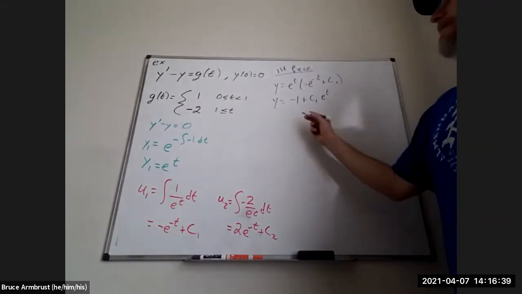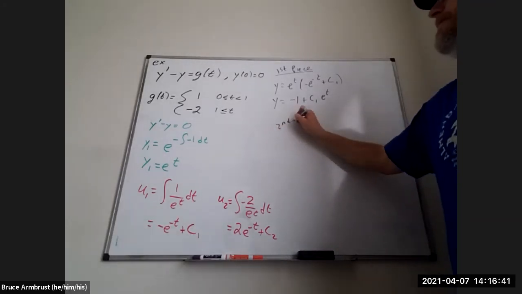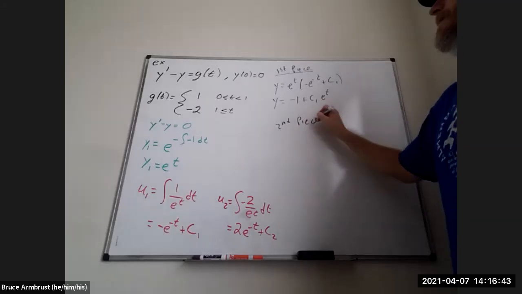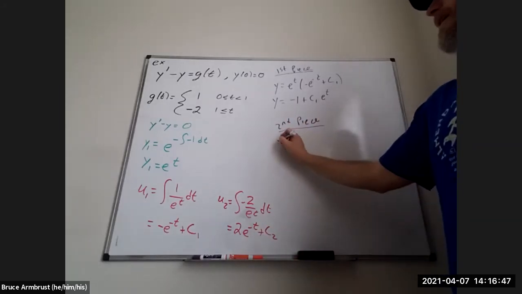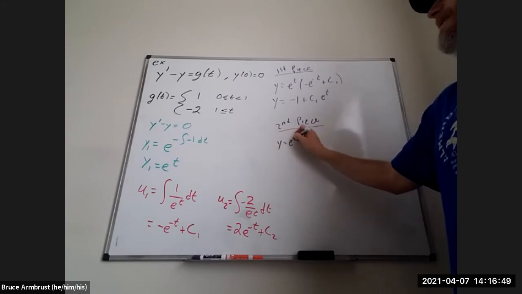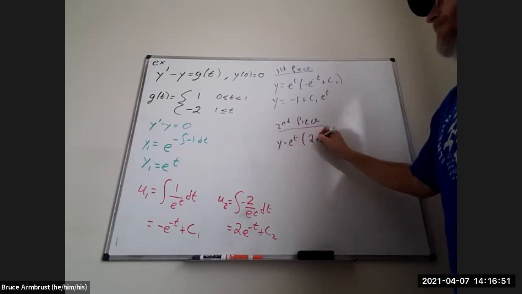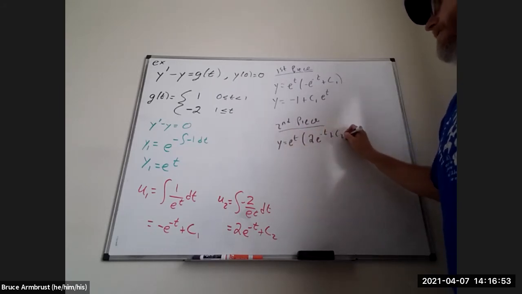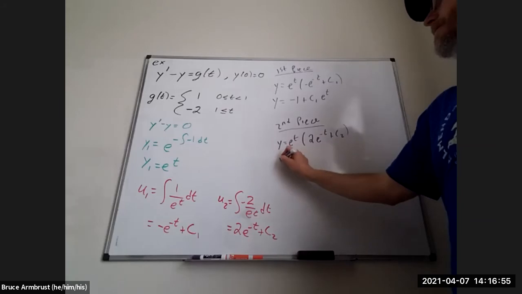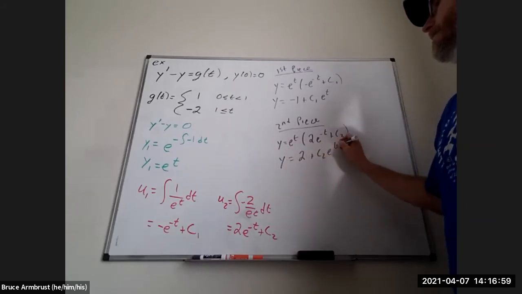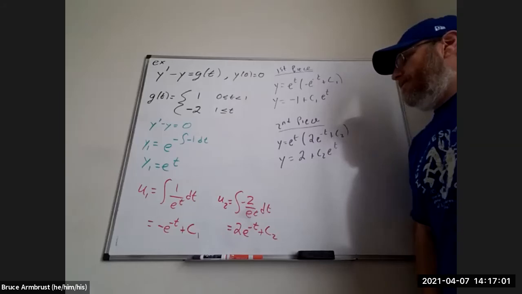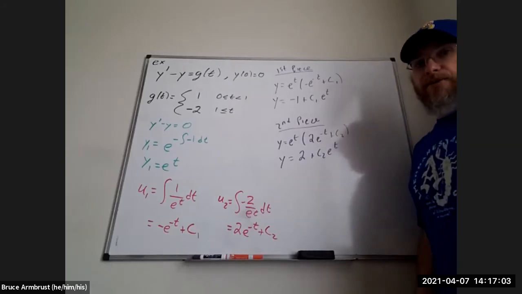That's what the first piece is going to look like. The second piece, I'll do exactly the same thing except use my other u. So I'm going to get y equals e to the t times 2e to the minus t plus c2. And so that's going to be 2 plus c2 e to the t.